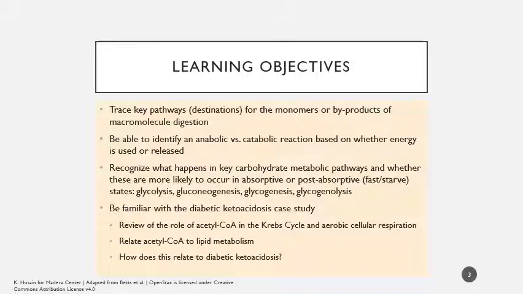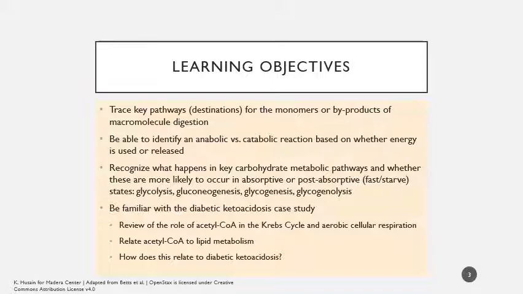So this really relates to a lot of those specific learning objectives and expands on them. So remember, we're tracing those key pathways, those outcomes. We're practicing identifying anabolic versus catabolic reactions based on whether energy is used or released.